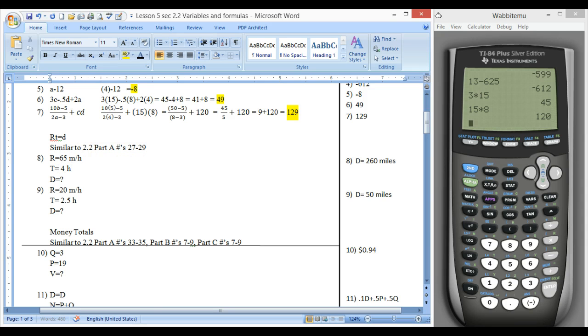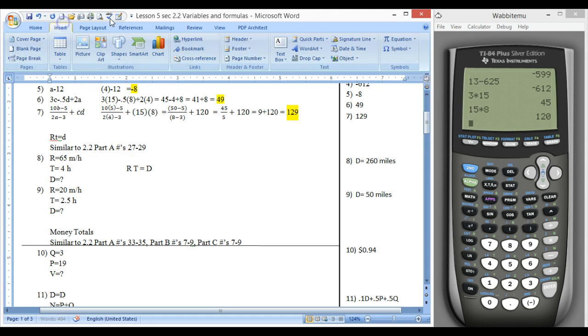So I'm going to come over here and let's substitute things in. I know I need rate times time equals distance. Now it's just a matter of substituting. Rate is given to us as 65 miles per hour.